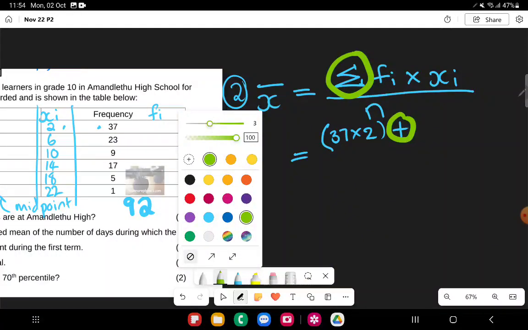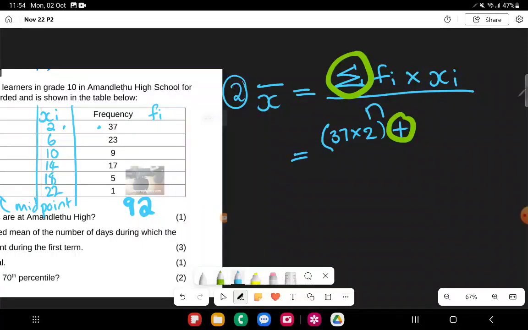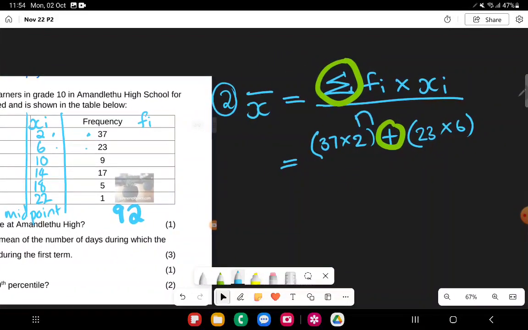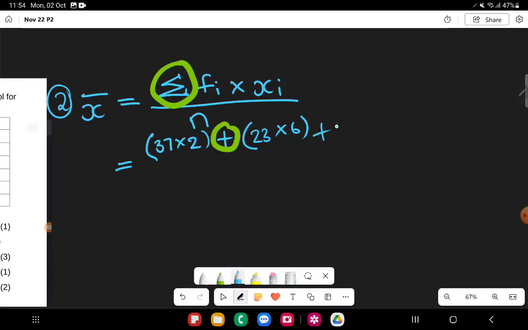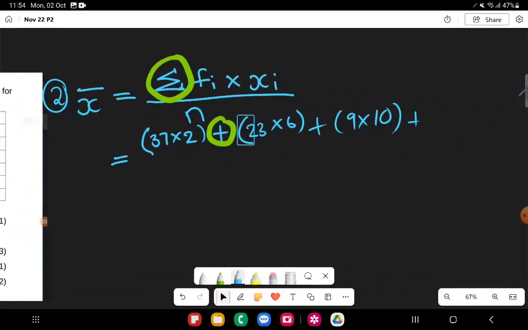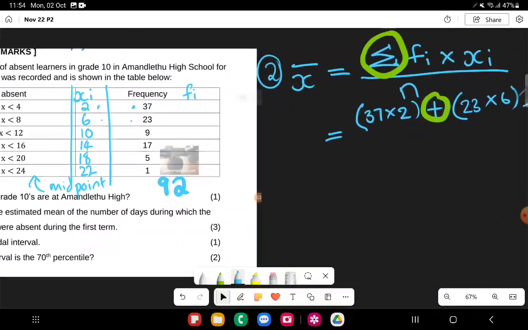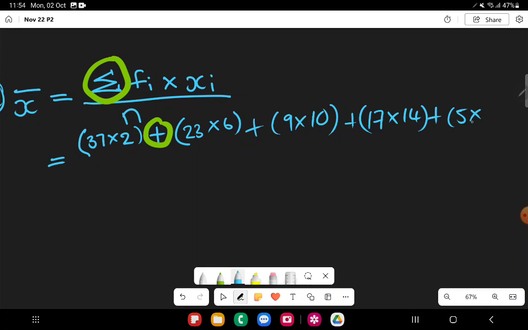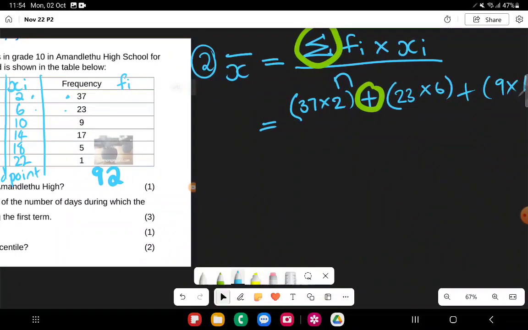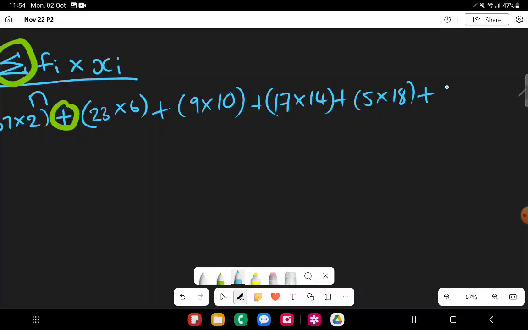Next is 23 times 6, plus 9 times 10, plus 17 times 14, plus 5 times 18, and the last one is plus 1 times 22.